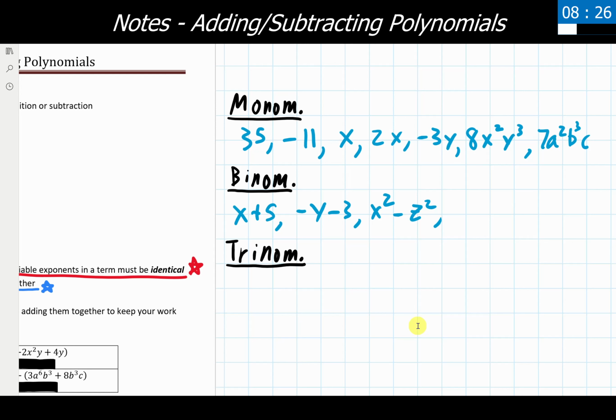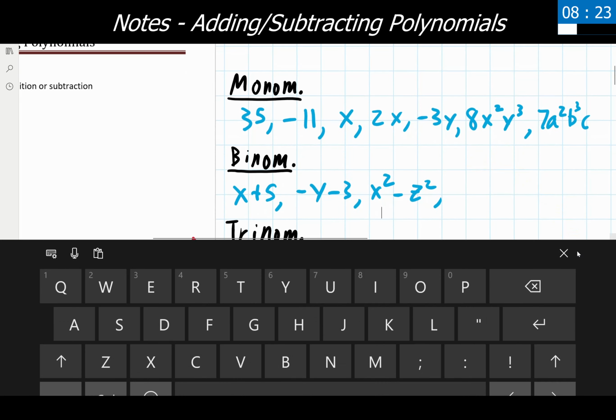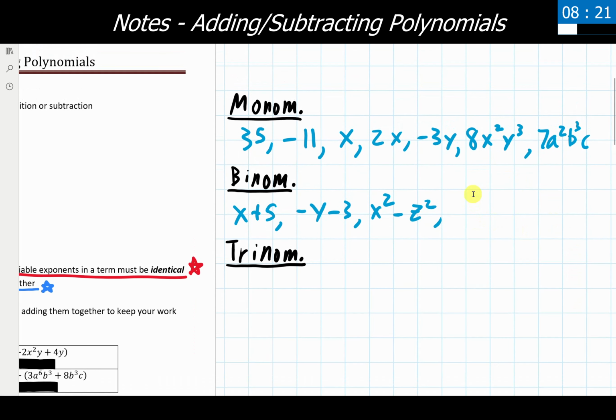Or, again, we can go with any monomials like we saw up here. Maybe it's something like 3ab minus 10cd. But notice how each of these binomials has 2 things that are adding or subtracting together. It doesn't matter if one or both of them is positive or negative, but I'm only having 2 things. That's the main staple of a binomial expression.